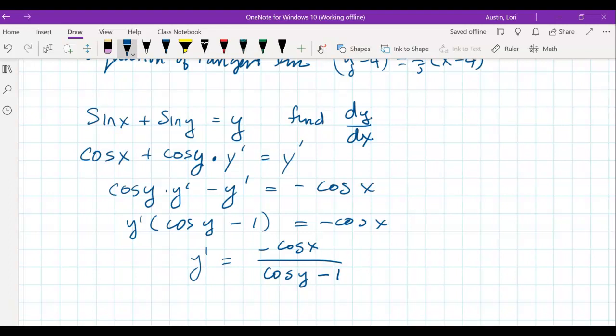If you factored it the other way, and I don't mean factored, I'm sorry, if you moved this one to this side, you'd have y prime minus cosine y times y prime. It would actually look like this.